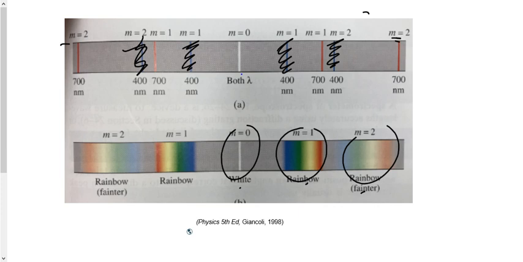Now, just be careful here, quickly. Look at this side again. Be careful. This is our central maximum. This is the first order maximum. This is not the second order maximum, third order maximum, fourth order maximum. That's not what it is. This is the first order maximum. This is the second, because we're picking one color, blue.